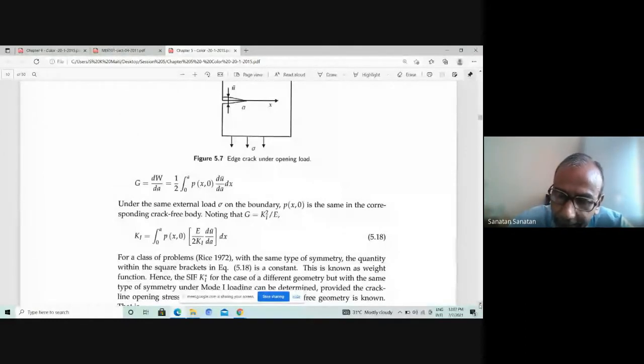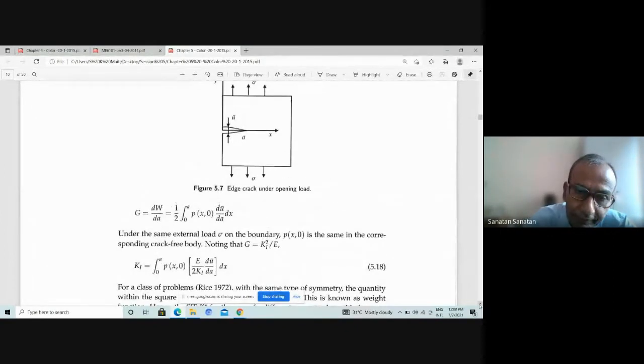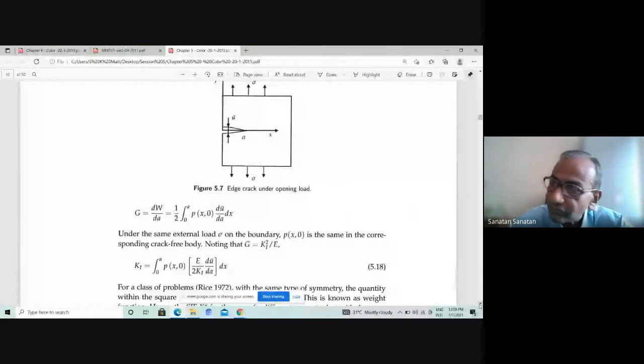If it is loaded like this, a single edge crack, with varieties of loading on the outer boundary, then if we know the stress intensity factor for one case and we know the opening displacement, then this relationship says that the rate of opening of the crack with respect to crack size per unit SIF applied is a constant for the whole class of problem.